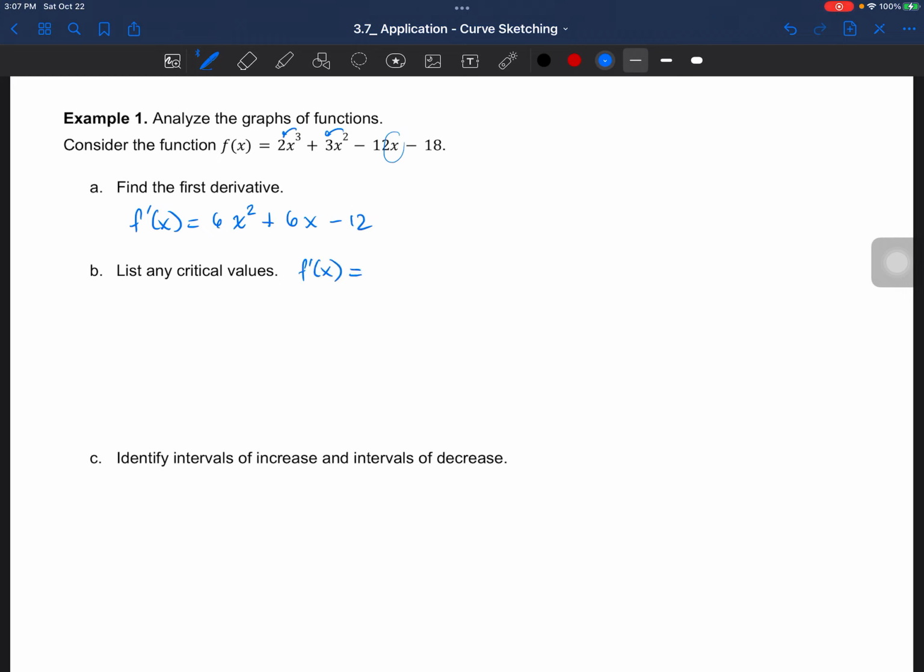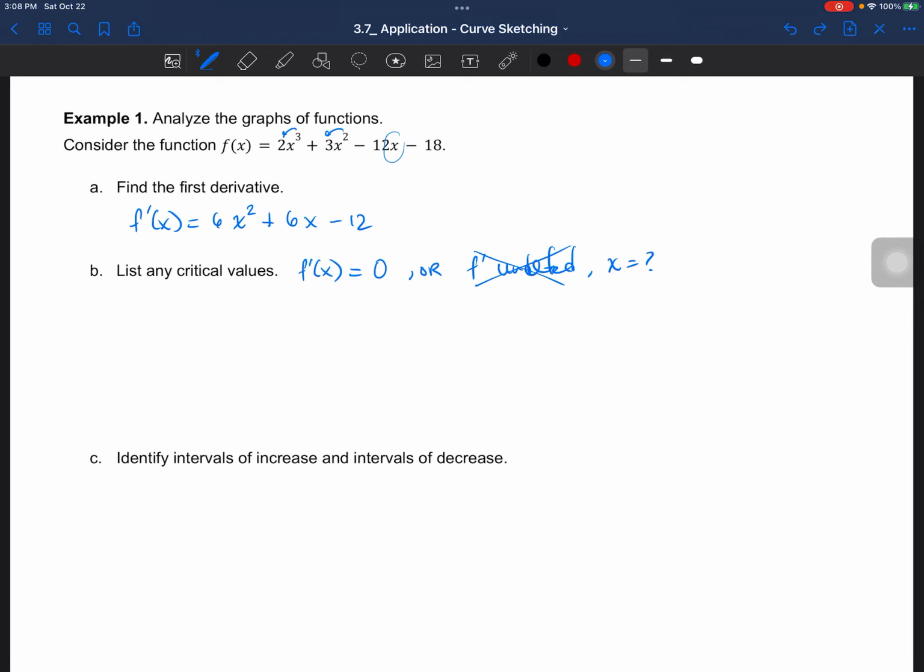Now let's find part B. Part B is asking us to find the critical numbers. Remember that critical numbers are found whenever the first derivative is 0 or when the first derivative is undefined, and we solve for x, right? The x values that satisfy these conditions are considered to be the critical numbers. In this case, there won't be any undefined values.